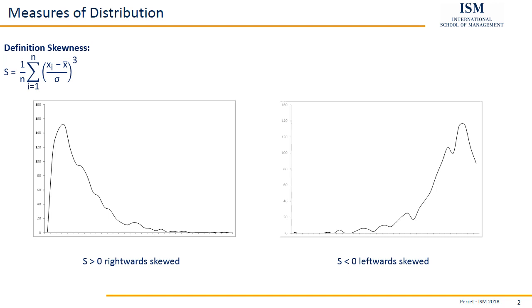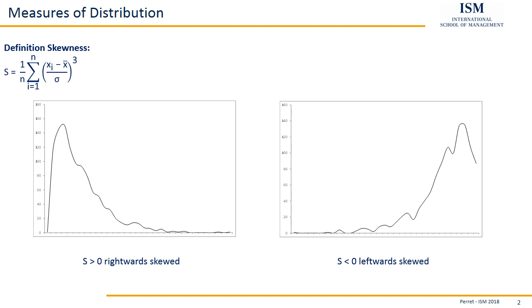So the right or leftwards, this always relates to where we have relatively few values. So in the left figure, we have relatively few large values. So the right part of this figure, there's almost nothing there. And that's why it's called rightward skewed. The other way for the leftward skewed.